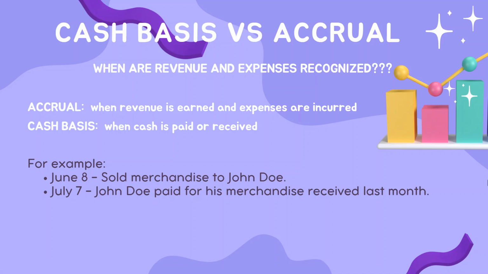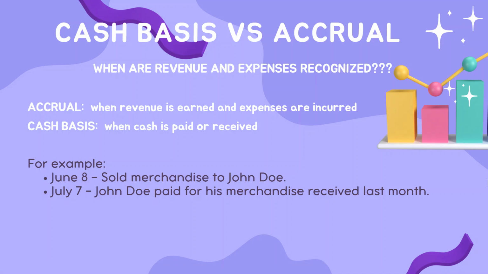It's recorded at different times. So with an accrual basis, that is what you guys learned, you record your earnings and your expenses when they happen. With the cash basis, however, you don't record anything until cash is paid or received.